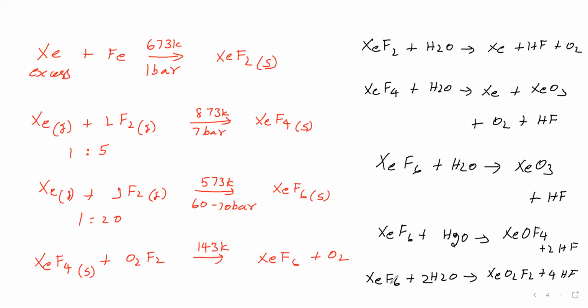Here 4 fluorine atoms are replaced by 2 oxygen atoms. In the last case, all 6 fluorine atoms are replaced by 3 oxygen atoms, therefore it is complete hydrolysis. These two are partial hydrolysis.